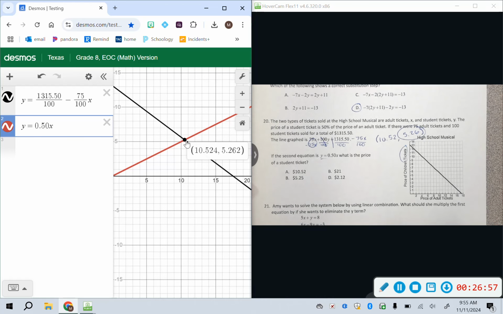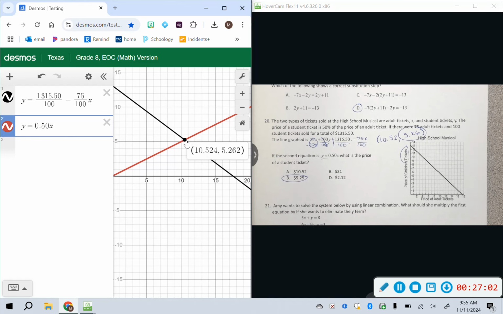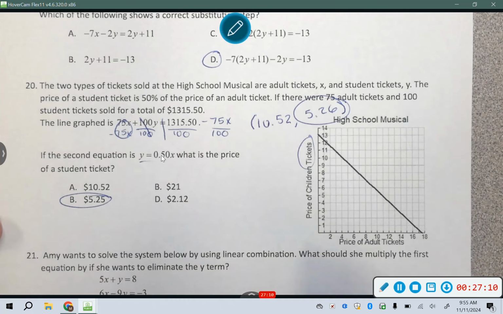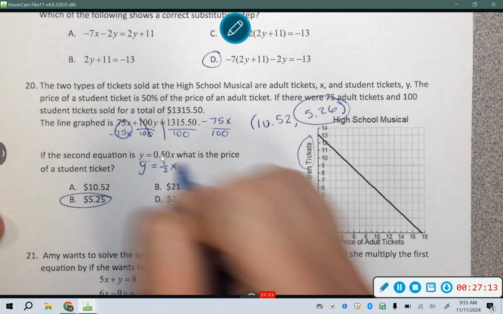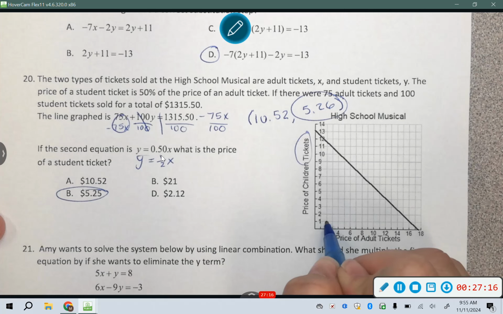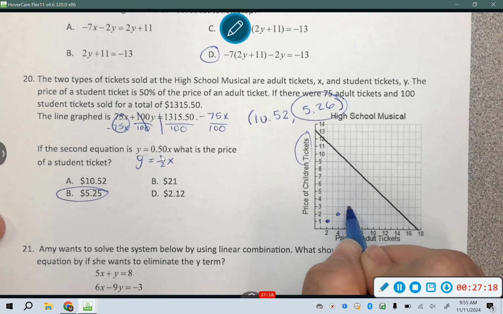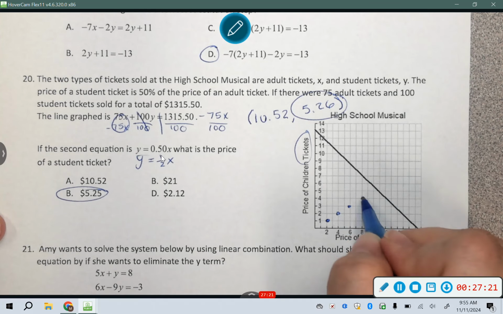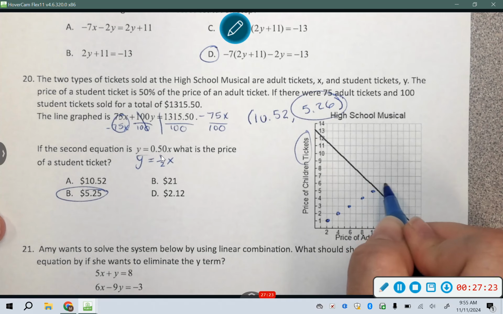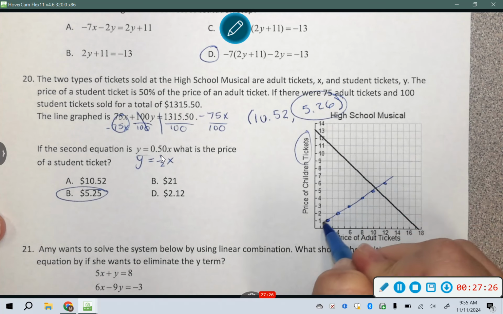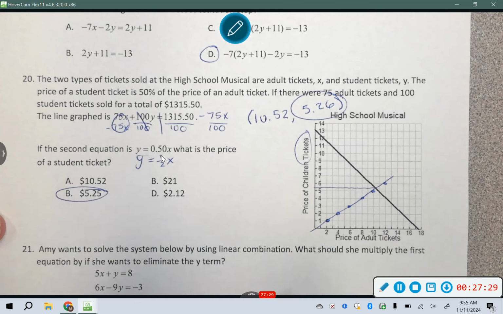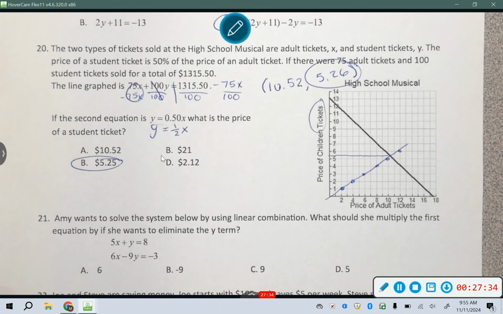So I need my y, which is 5.25. Now I want you to realize if I were to have graphed this, this is just y equals 1/2 x. So I can go up 1 over 2, up 1 over 2, up 1 over 2. And again, we're looking for the y, which is between 5 and 6, and my only option is B. So those are the 2 different ways to solve this one.